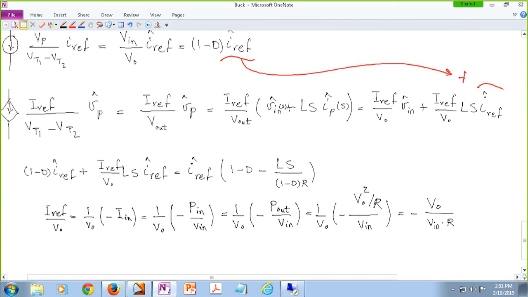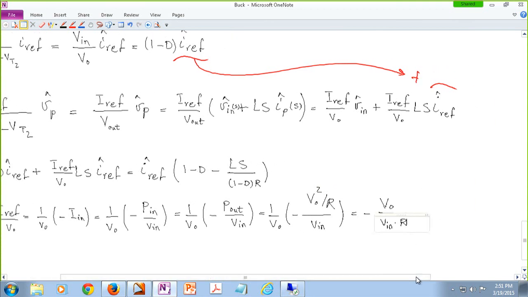Okay. Yeah, so far we are doing good. So what is V out over Vin in the boost converter? 1 over 1 minus D. Okay. So that's where this thing came from. There's a negative sign there too.